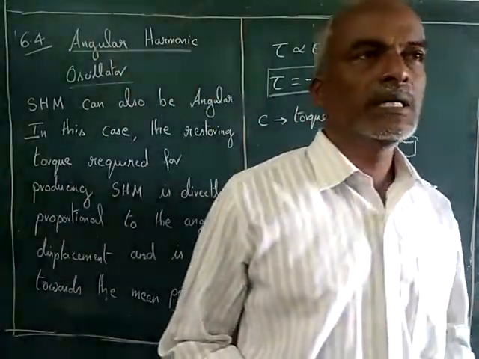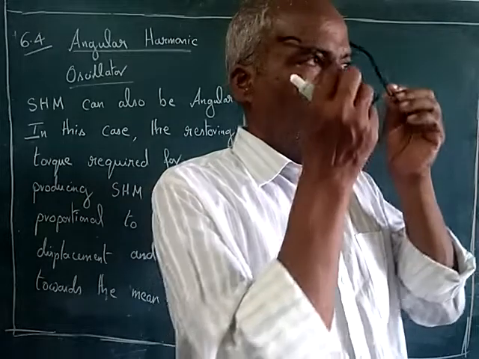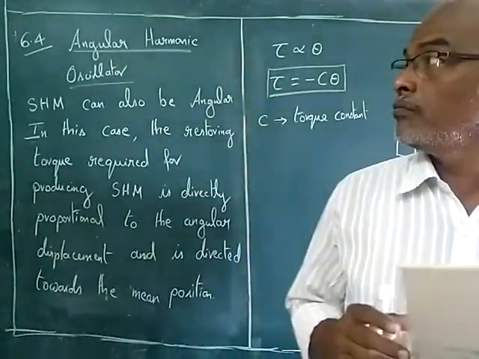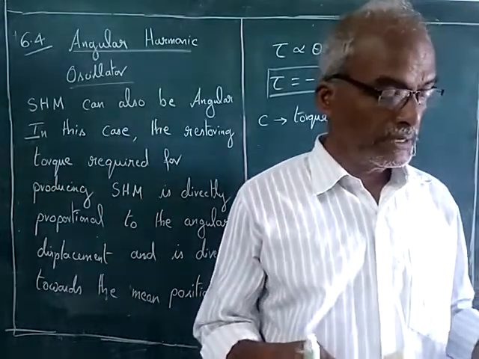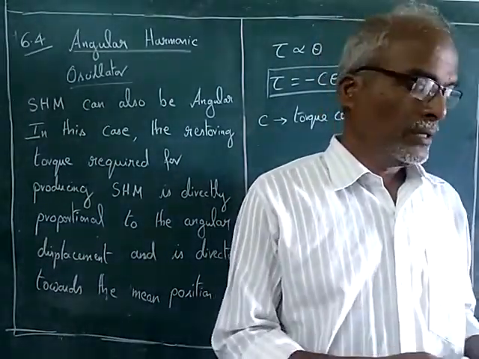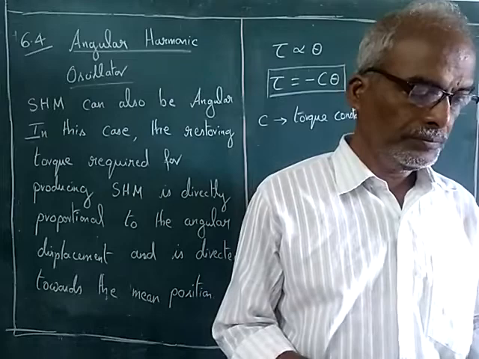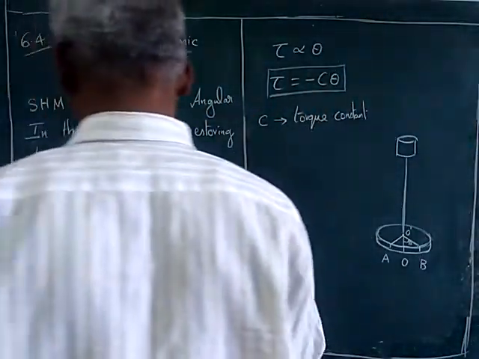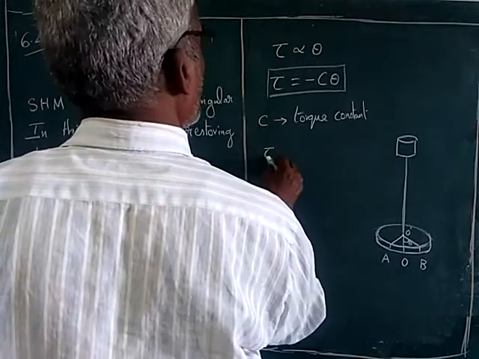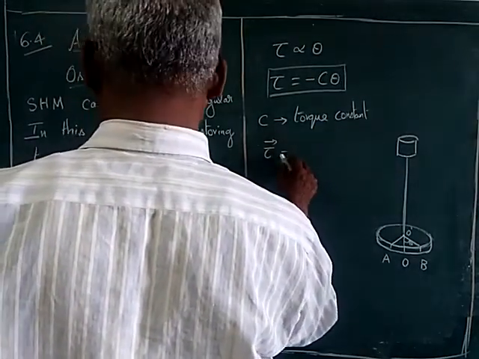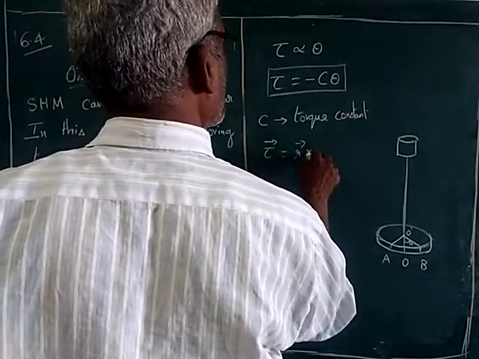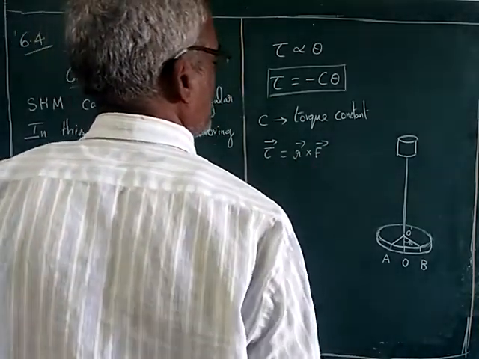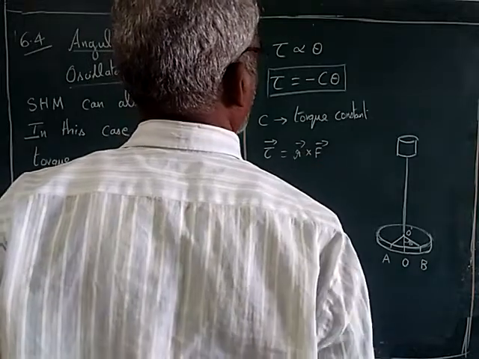Now we will see the derivation of the angular harmonic oscillator. We all know that torque is equal to R vector cross product with F vector, where R is the radius and F is the force.